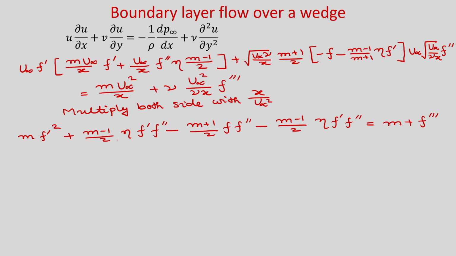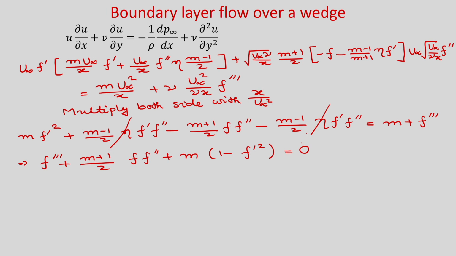So, you can see that this term and this term are the same with a minus sign. So, we can cancel it. So, we will get f triple prime plus m plus 1 by 2 f f double prime plus m into 1 minus f prime square is equal to 0.